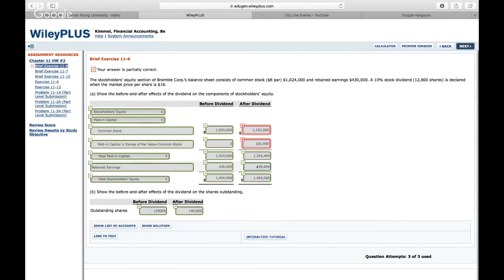And when you do that, you should get 199,600. Sorry guys, it's late at night. And when you add this number and this number together, you should get 1,454,000, which should be exactly the same as on this side.